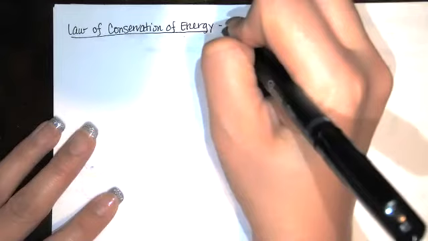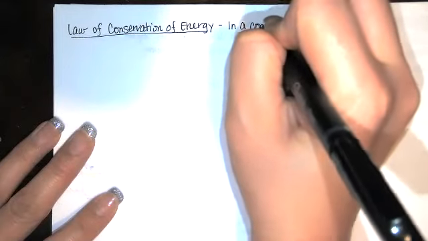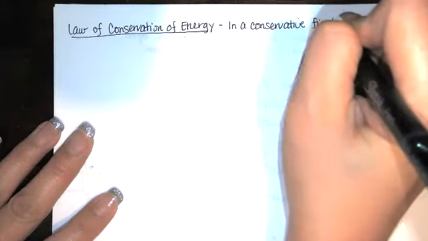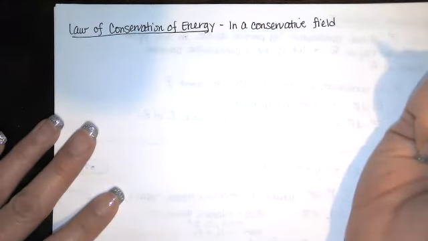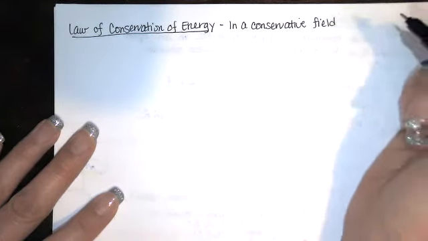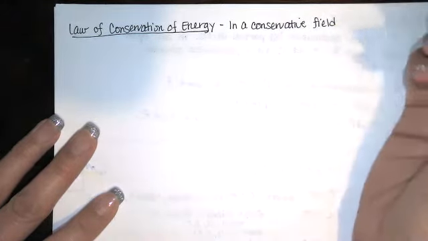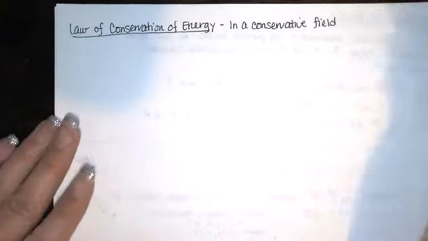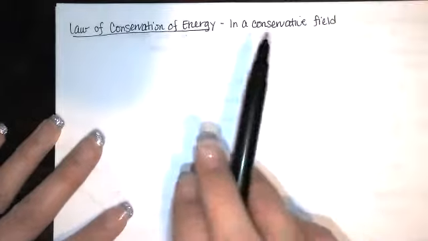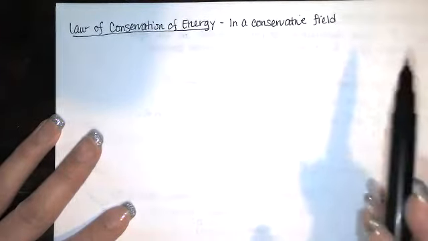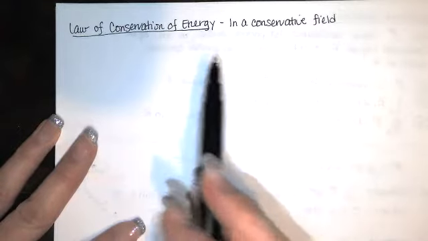Here's the law of conservation of energy. It says in a conservative field, and those fields that you studied in physics 1 and physics 2, electrostatic fields, gravitational fields, those are conservative. Now, electrostatic fields are pretty uncommon, usually charges move, but nonetheless, when we're just looking at electrostatics, we've got a conservative field there.